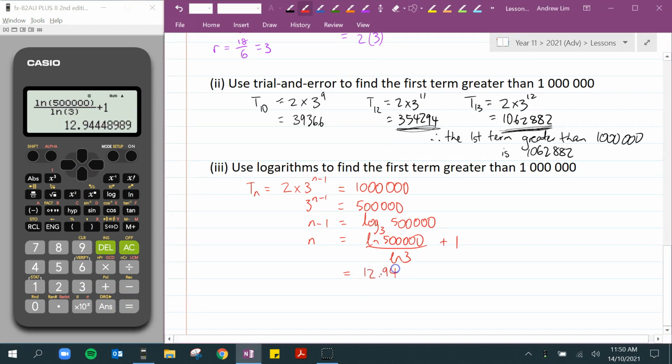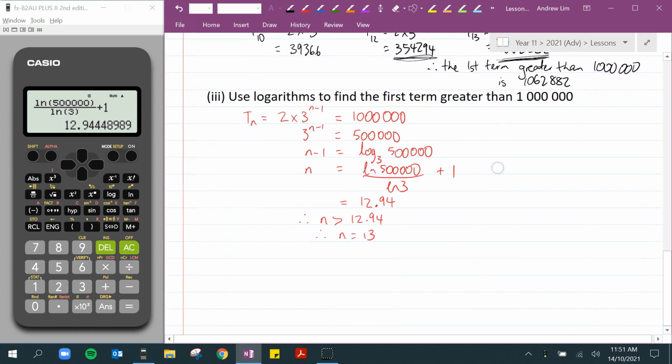So if it was possible for n to be a decimal, then the 12.94th term would be 1 million. But it has to be a positive integer. It has to be a whole number. So therefore, n has to be greater than 12.94. And therefore, n has to equal 13.